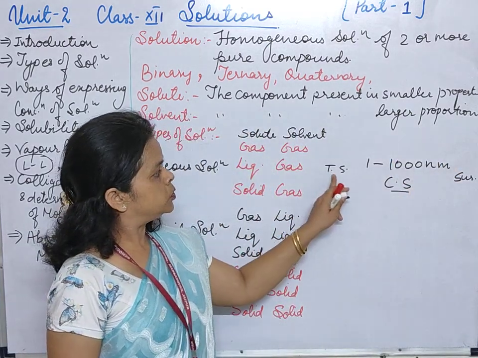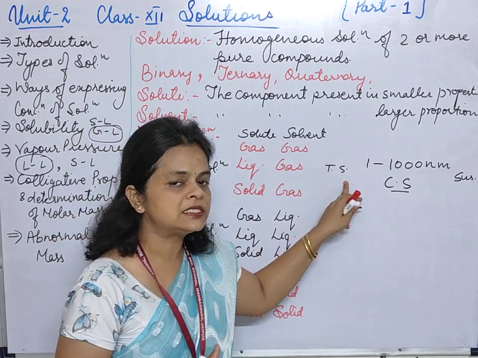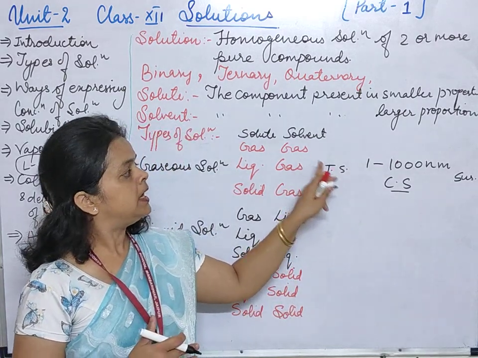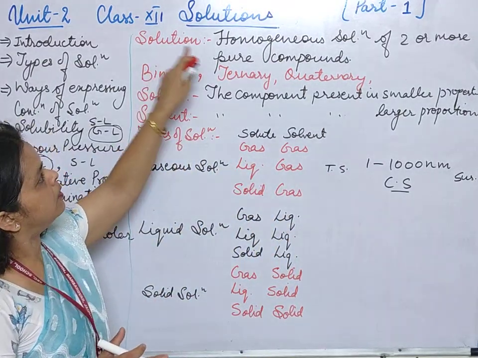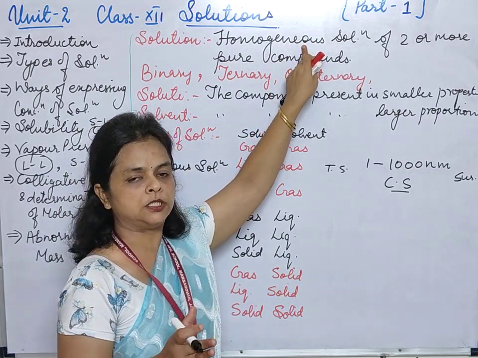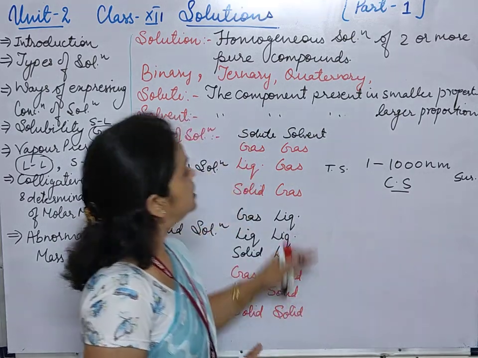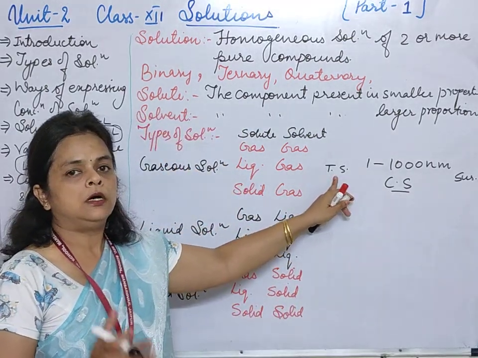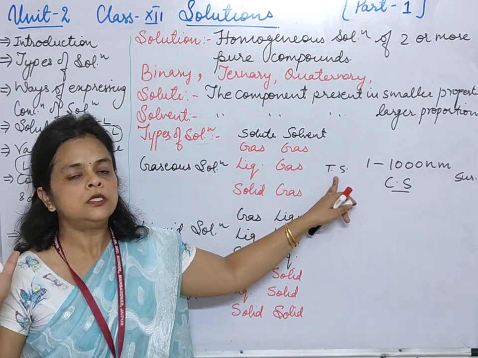So true solution is where the size of particles is lesser than 1 nanometer, and true solution is also called a solution. Now homogeneous. Homo say geneous composition. That means uniform composition throughout. In the true solution, the composition of the solution remains same throughout the solution.